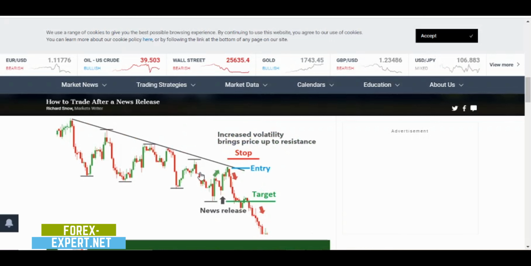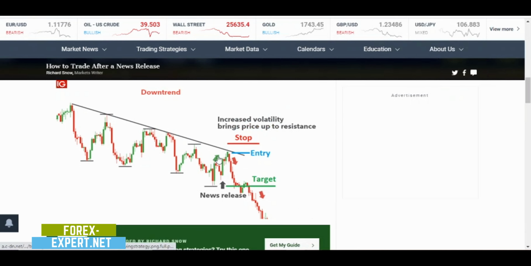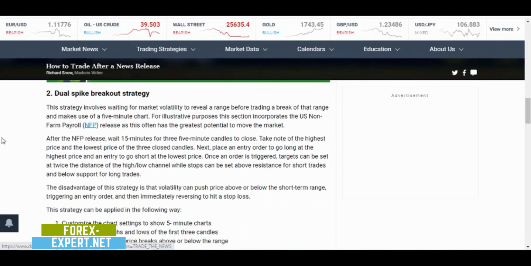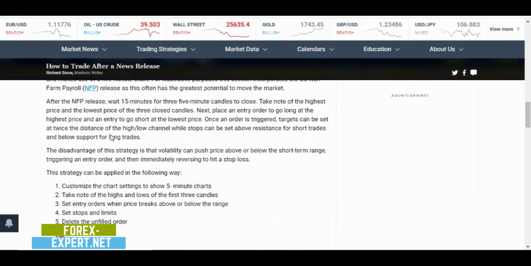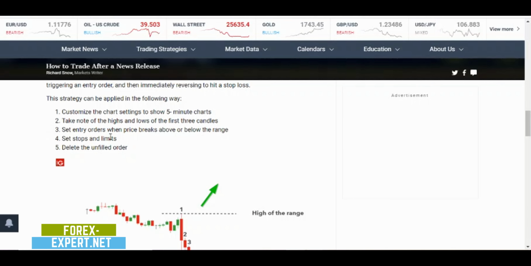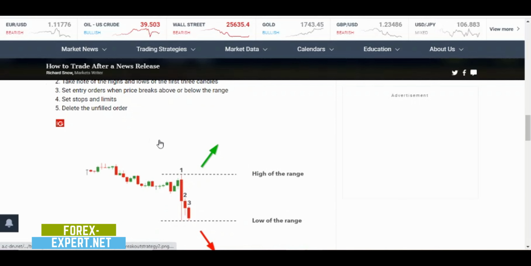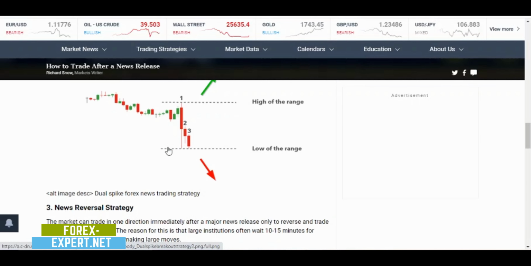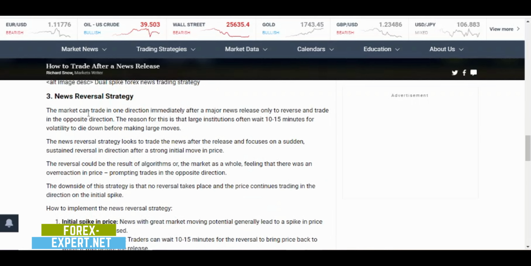As you can see, you got the image, and it is explaining you exactly how it works. Okay. The second one is a dual spike breakout strategy. It works for 5-minute charts. Again, you will find an illustration below. And the third one is a news reversal strategy.